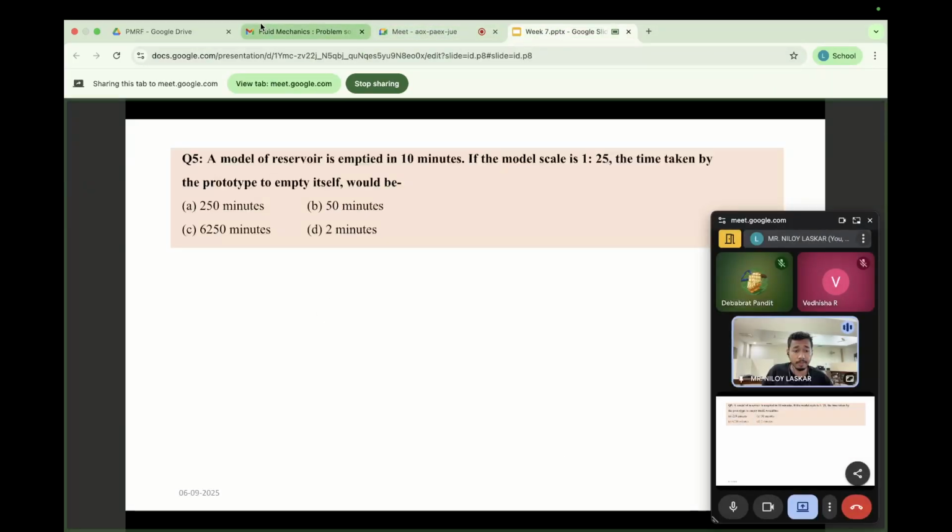So check if you are able to answer this question. Okay, I am giving you one more minute to check whether you are able to answer.